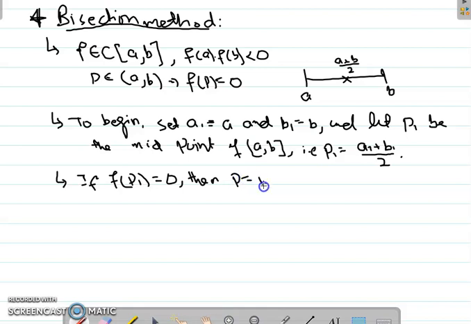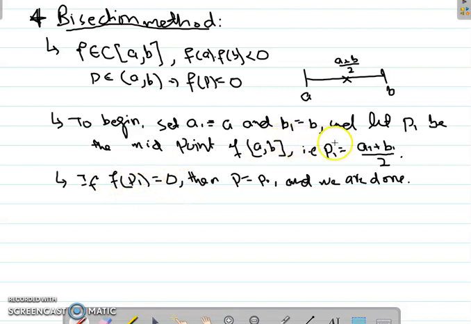Then p is equal to p1, and we have found the root, and we have found the required solution. So we are done if we get this condition.